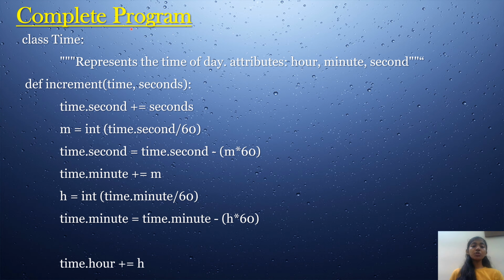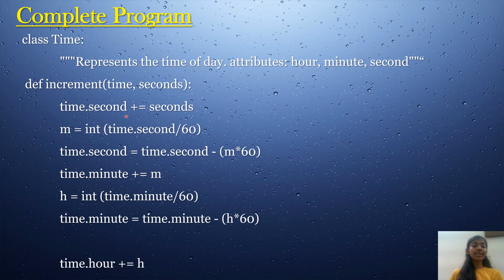So the complete program for this is defining Time as a class followed by a colon, started with triple double quotes, representing the time of day using attributes hour, minute and second, followed by triple double quotes. Now defining increment with time and seconds.